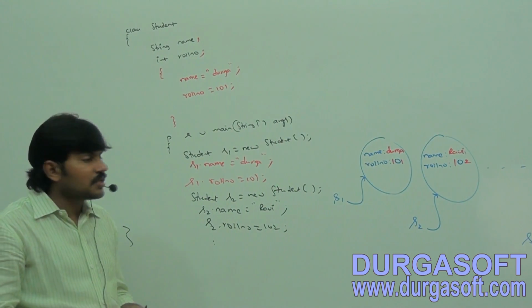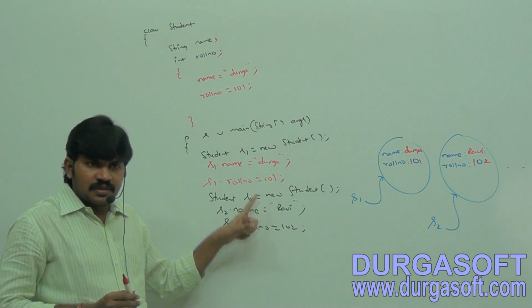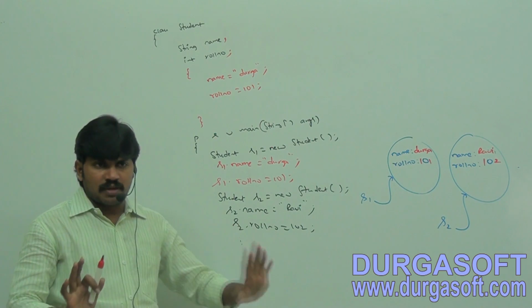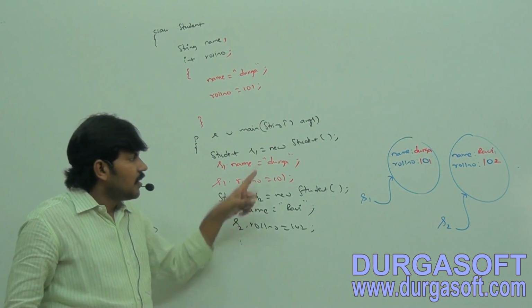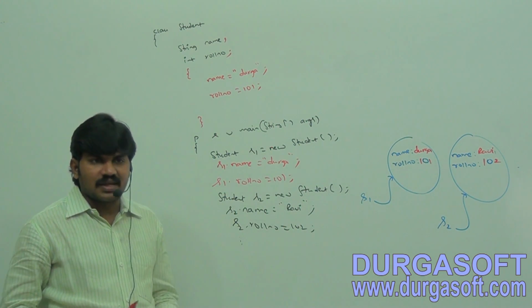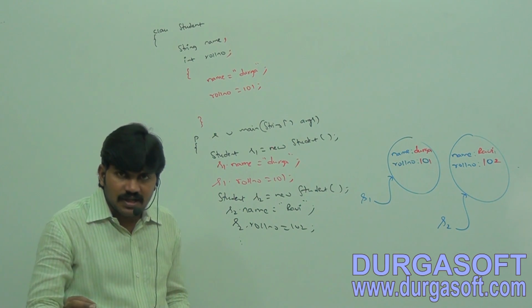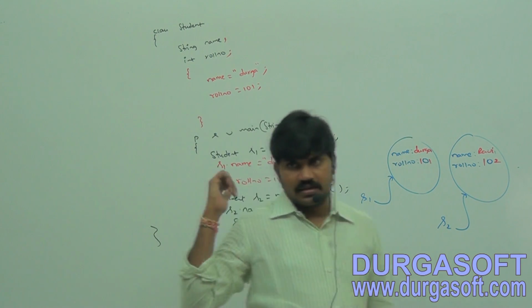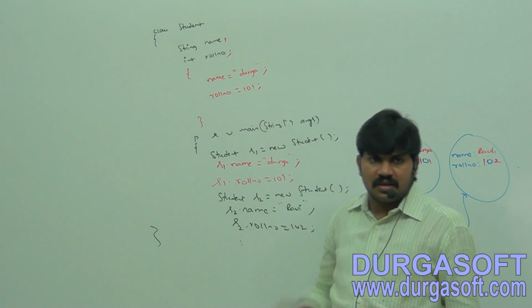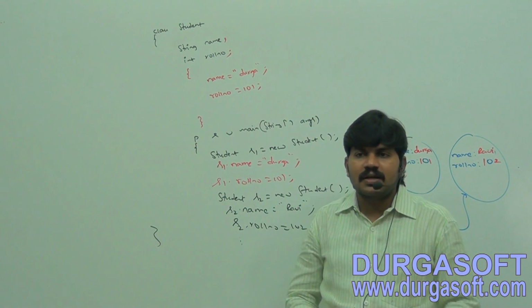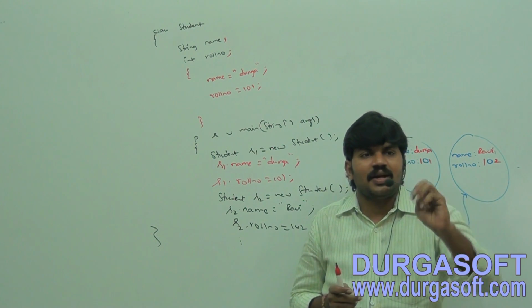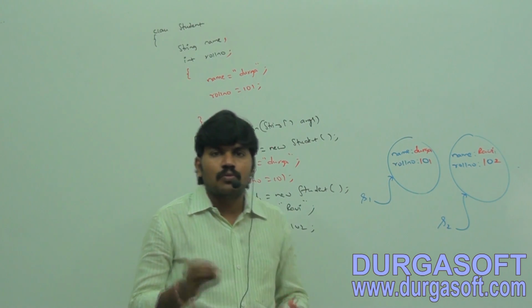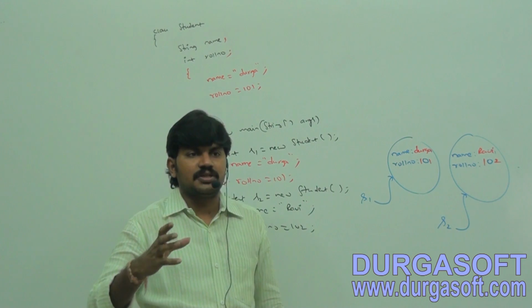The problem is that the length of the code is going to increase enormously. Sir, if we created 600 objects, then 600 into 2, 1200 lines only for initialization, meaningless. In this example only 2 properties are there. Assume my object contains 10 properties and I want to create 600 objects: 600 into 10, 6000 lines of code only for initialization, meaningless.